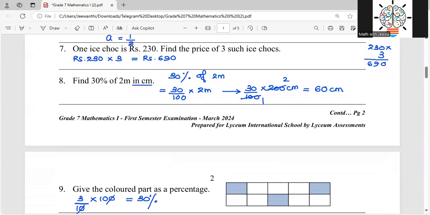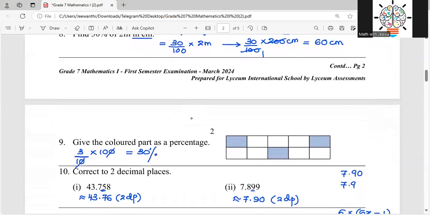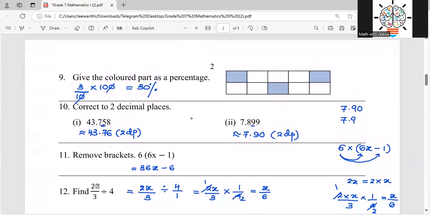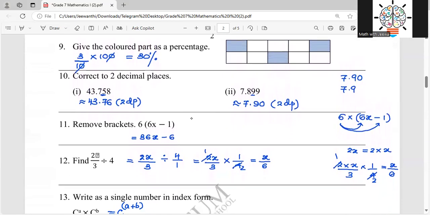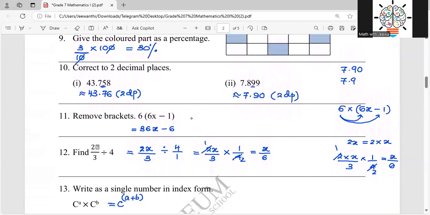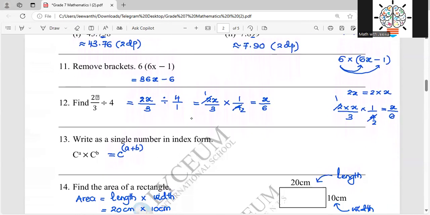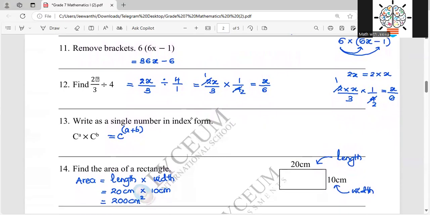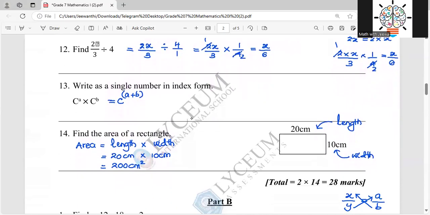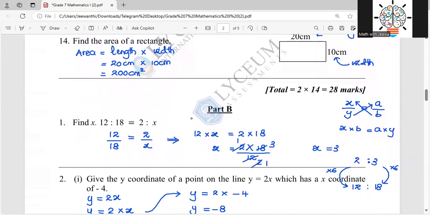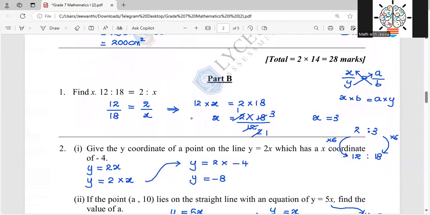So don't skip the steps to save time, right? To save time, the only thing you can do is practice sums as much as possible before the exam. That's the only solution you have to save your time. Skipping the steps to save time doesn't give you any better solution, right?